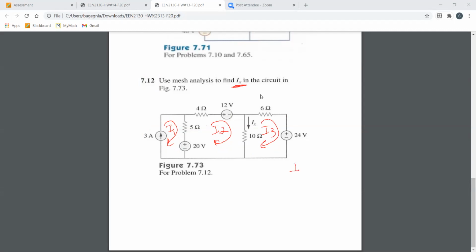I put IX on the side here, and IX is the current flowing here, which means it is the difference between I2 minus I3. And why do I start with the I2? Because IX has the same direction as I2. Now, let's ask one more question. Let's call this IN.